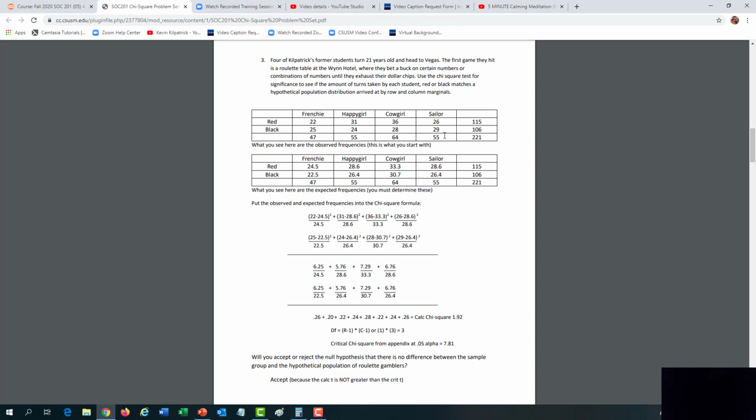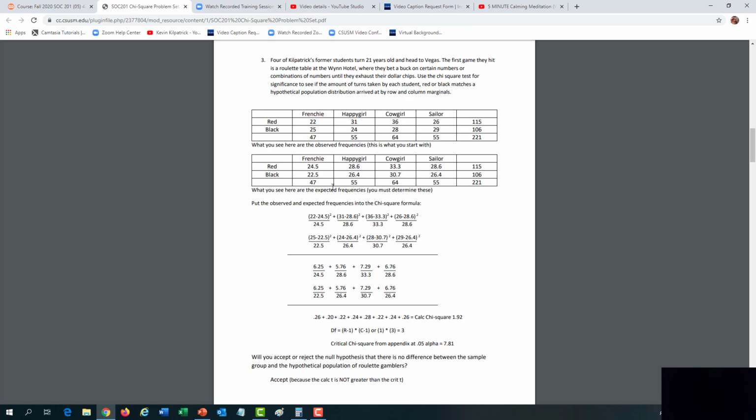Okay. The other numbers are the column totals down here and the row totals over here. And then the total n, the total of everything, is in the bottom right. So the first table is observed frequencies. And then the second table, I'm showing you the calculated expected frequencies.